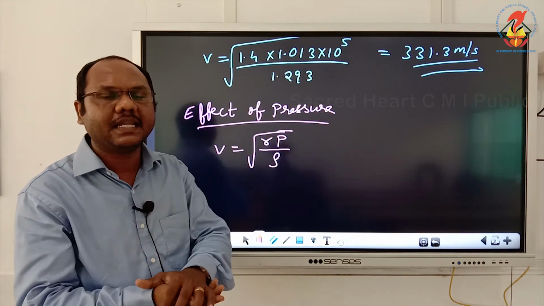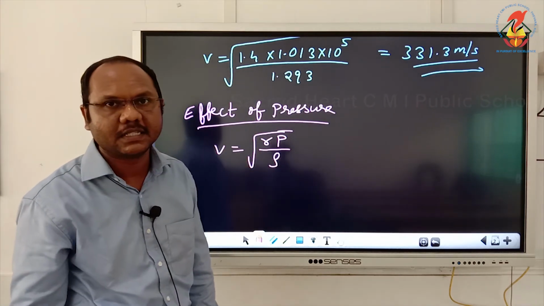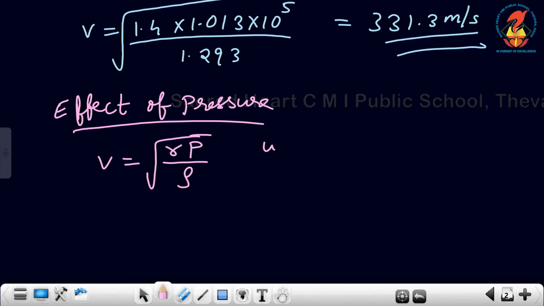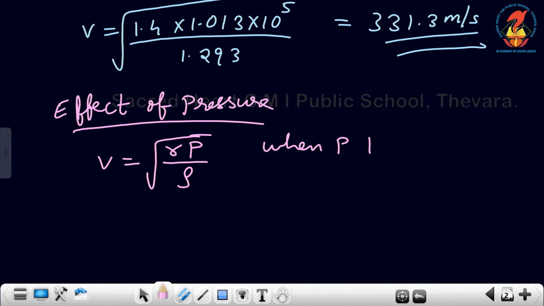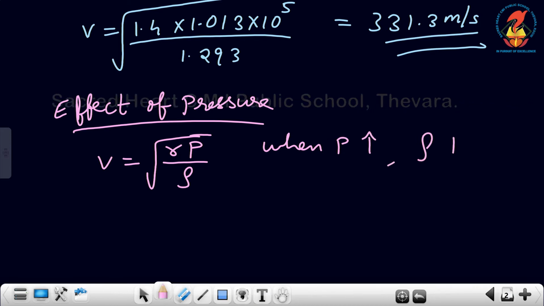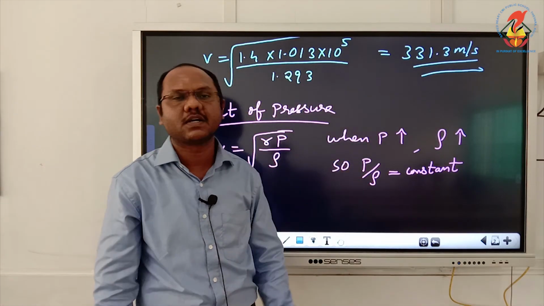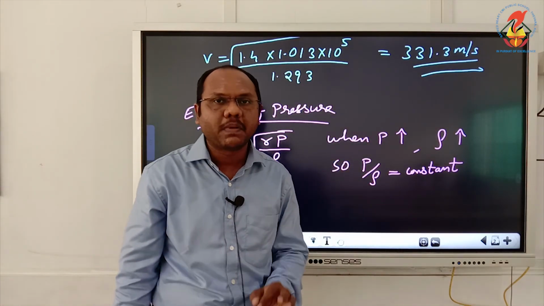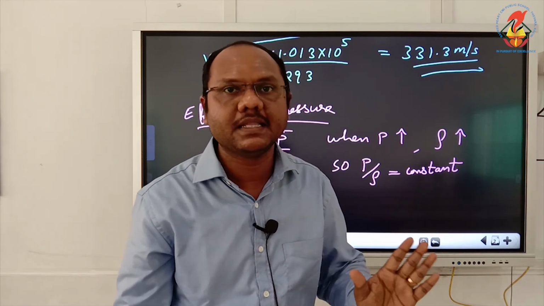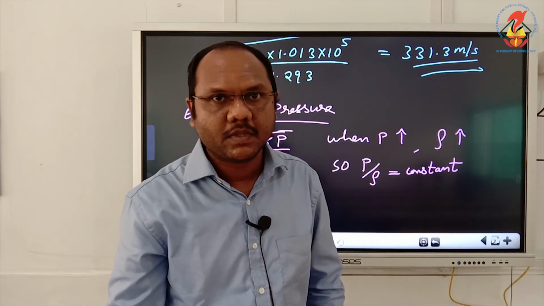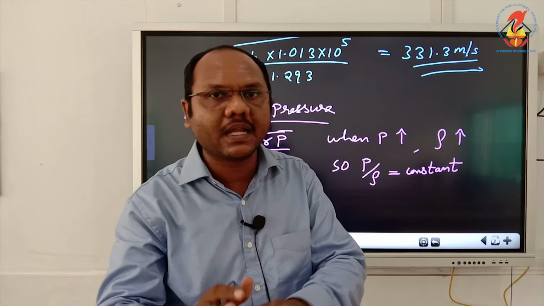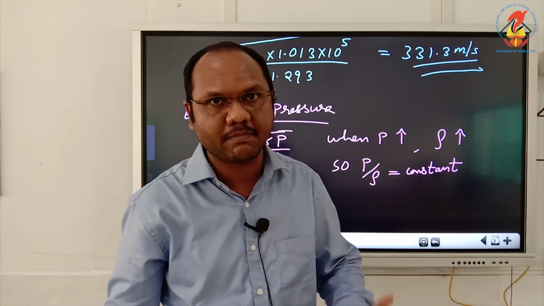Since the gas is getting compressed, density will also increase. So, when P increases, density also increases. So, P by rho is always equal to a constant. So, pressure has no effect on the speed of sound. That means if pressure increases or decreases, speed of sound remains the same.